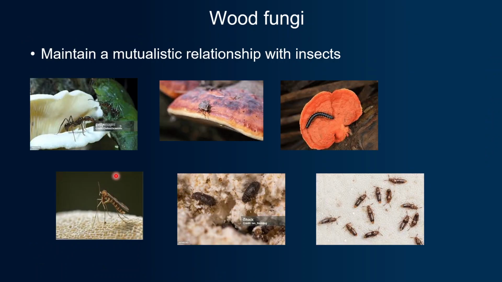Okay, so fungi form relationships with insects. Insects are much smaller than woodpeckers, but they're also very important for the ecosystem of the forest. And the very small ones are going to live in those wood fungi. They're going to make little houses in there, and they're going to eat the flesh of the fungus, and overall they're going to live on it.